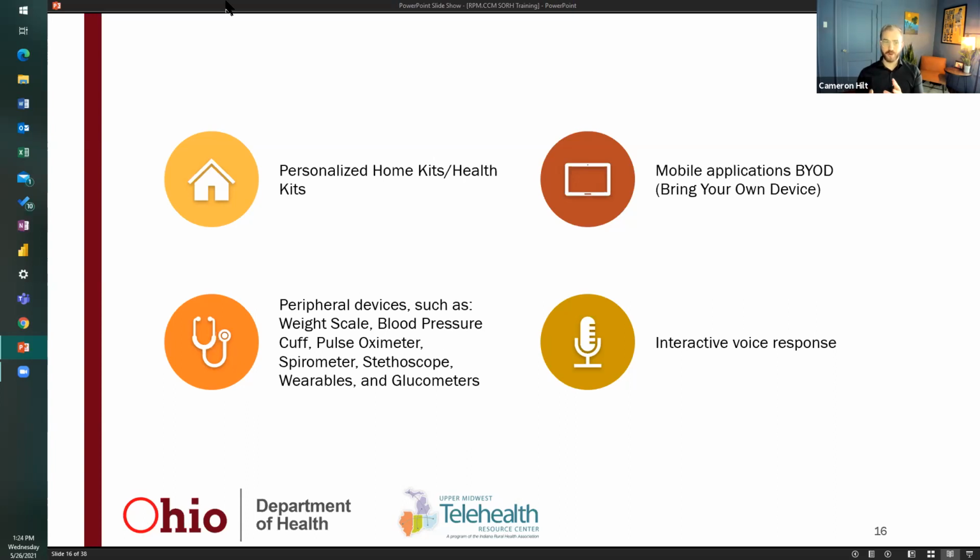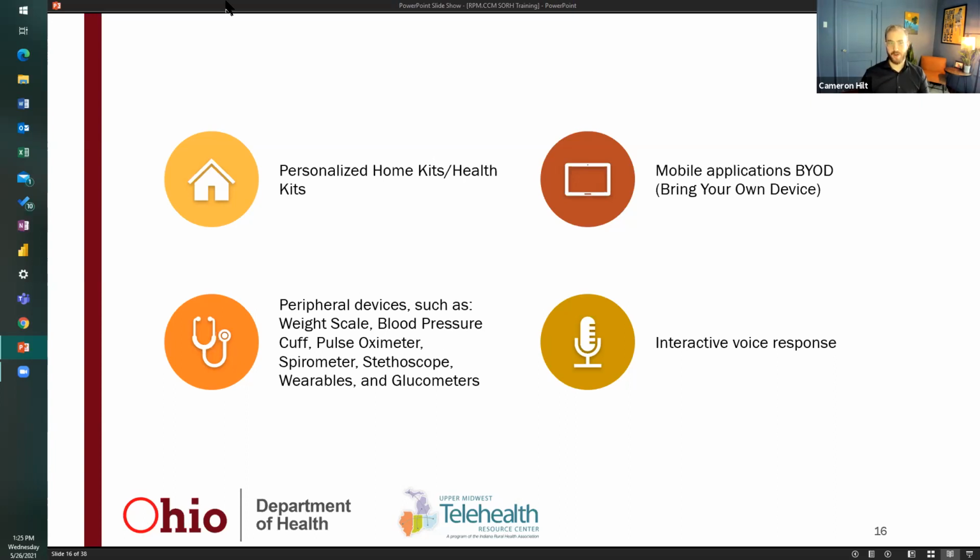The pros and cons: the pro of the personal home kit is that especially if you have patients where technology literacy is a significant barrier for utilizing RPM services, those home kits can be a really good way to ensure that those patients have a much easier way that they can be compliant with the program that they're enrolled in.